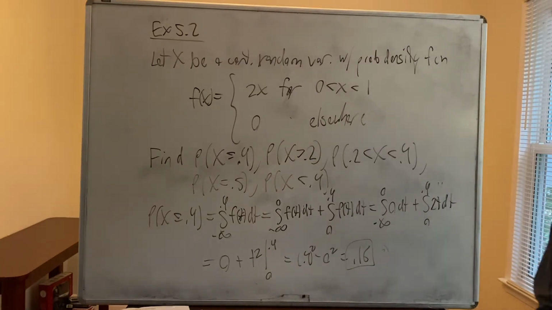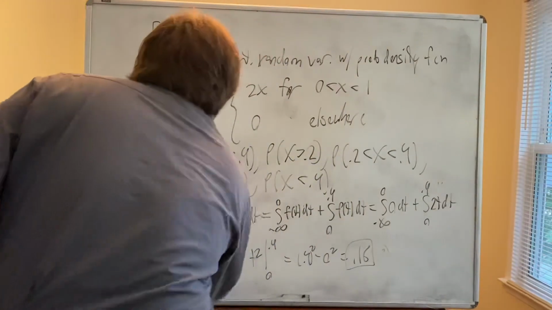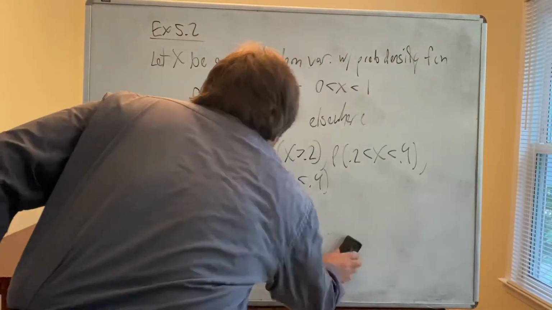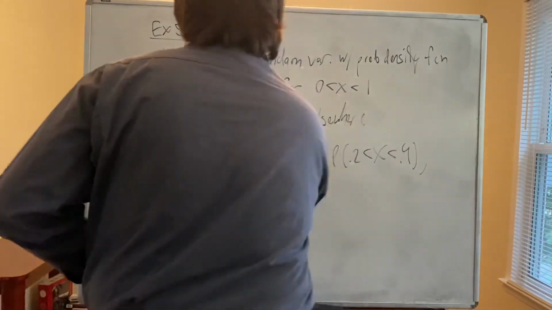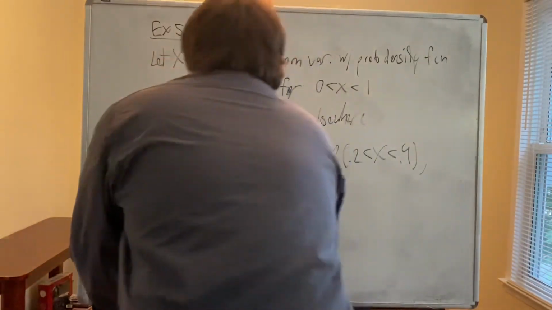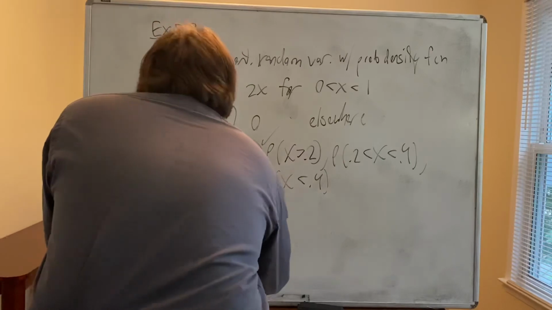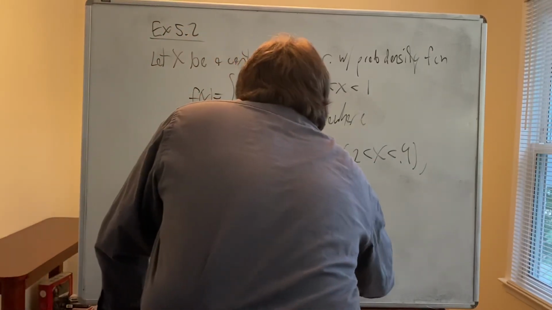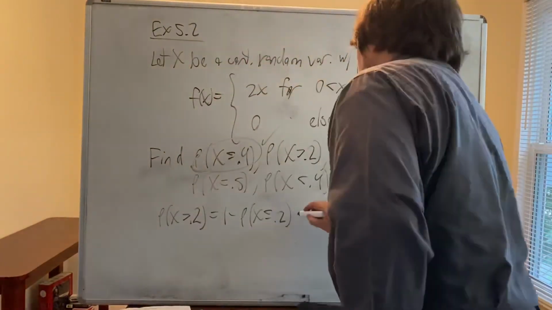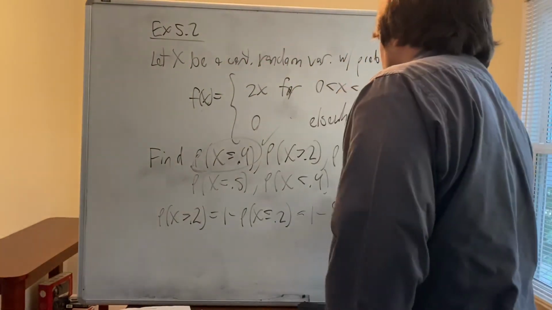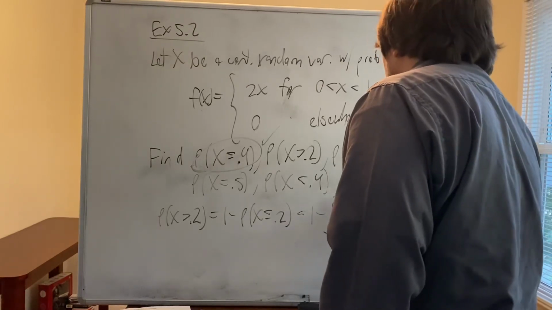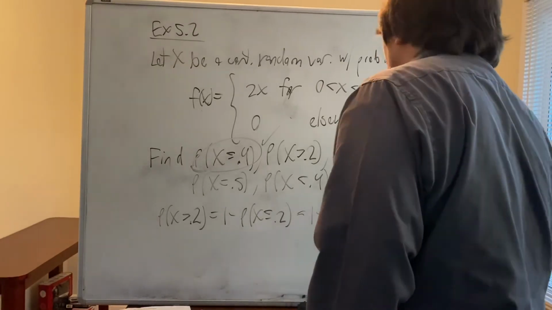Okay, keep going. So we did the first one. Now the probability that x is greater than 0.2 is 1 minus the probability that x is less than or equal to 0.2. And so this is 1 minus the integral from negative infinity to 0.2 of f of t dt.